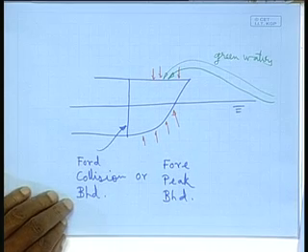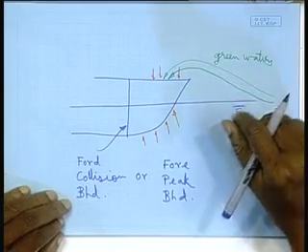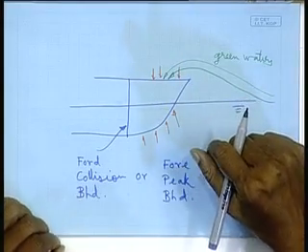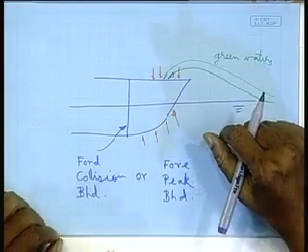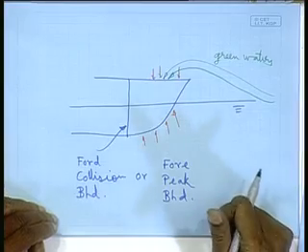Right, fore peak bulkhead. This is the fore end, forward end, or fore peak. That term is also used. This is a fore peak bulkhead.